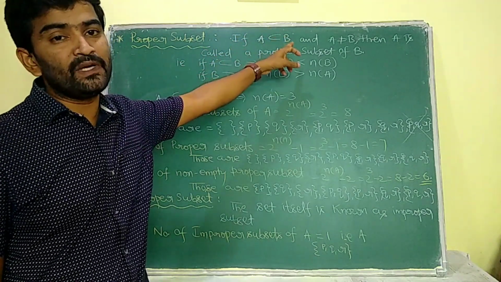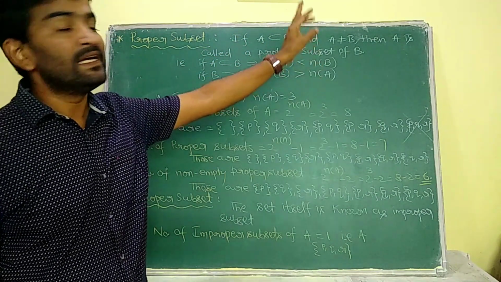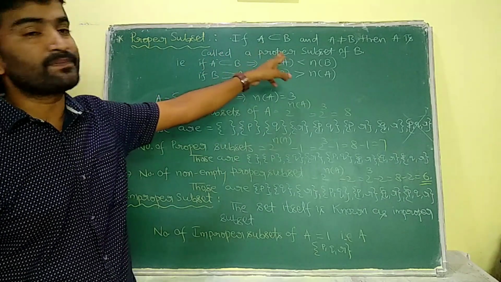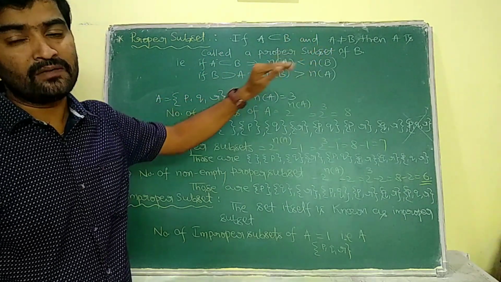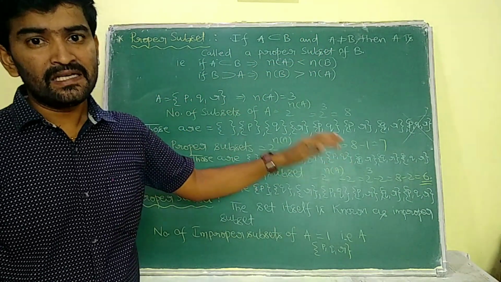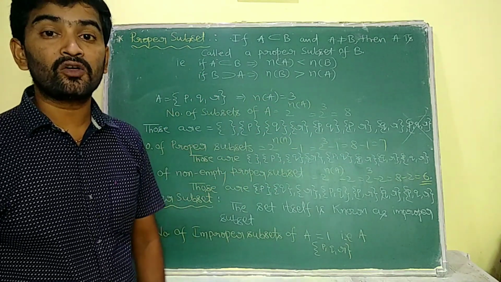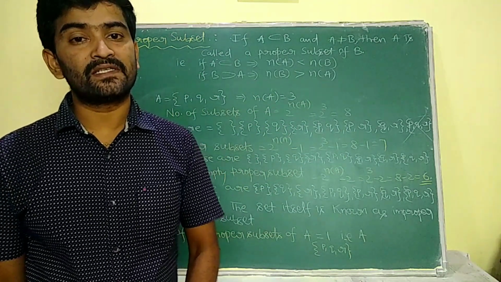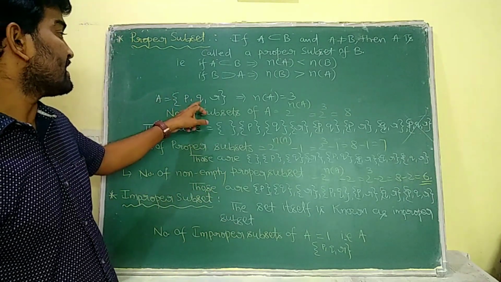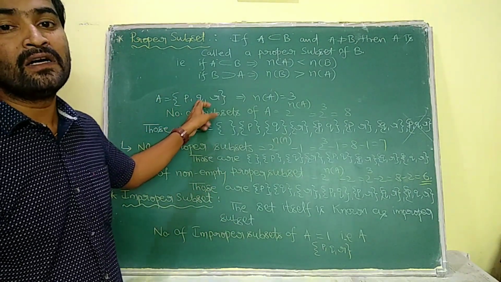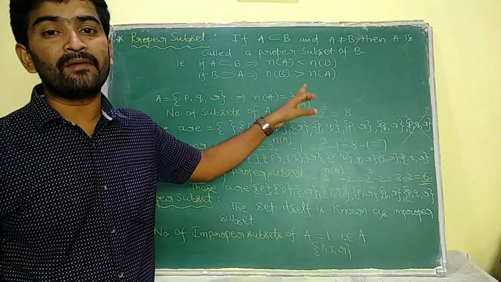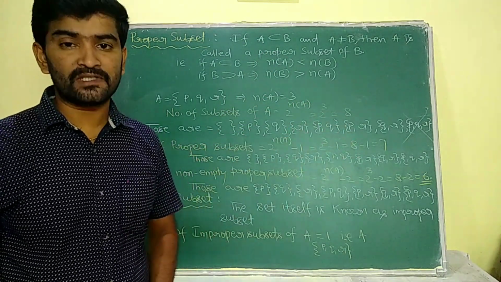If A is a subset of B and A is not equal to B, then A is called a proper subset of B. The subsets which are not equal to the given set are known as proper subsets. That means if A is a set, it is going to have 2 power of n of A minus 1 proper subsets. Why?